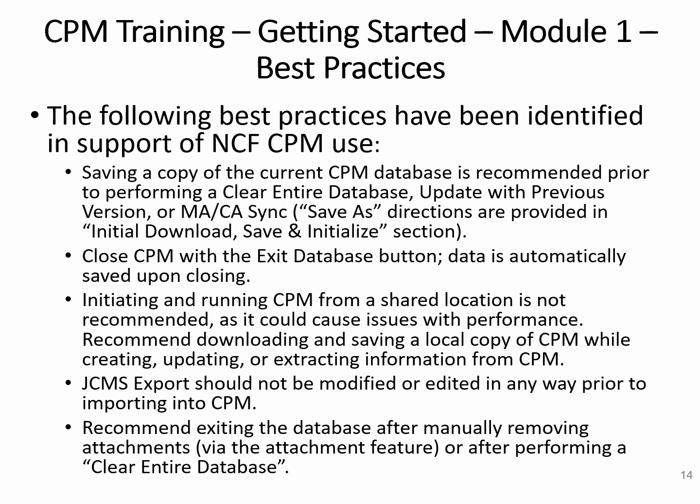JCMS exports, like I said, are 5.0 and higher. They should not be modified or edited in any way prior to importing into CPM. If you do so, it is not guaranteed that it will work correctly. Recommend exiting the database after manually removing attachments and after performing a clear entire database. That is to ensure everything has been taken off.